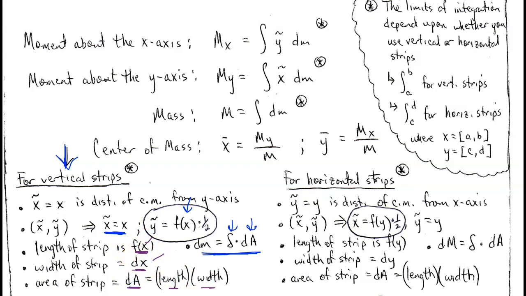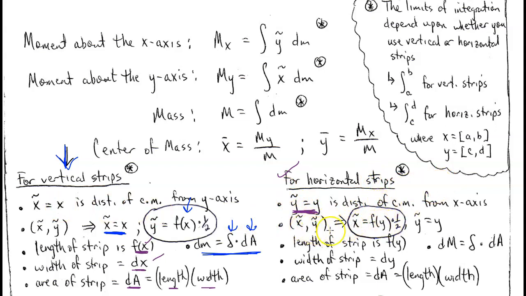And again, this is only when the height of the plate, when we're using those vertical strips, is defined as the height of the function with respect to the x-axis. Now, if we use horizontal strips, then everything would be the opposite. Instead of x tilde being x, y tilde would be just a y value.